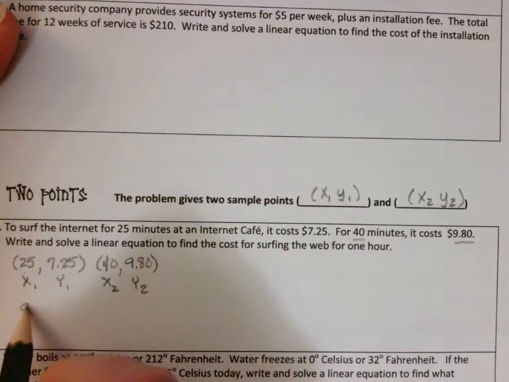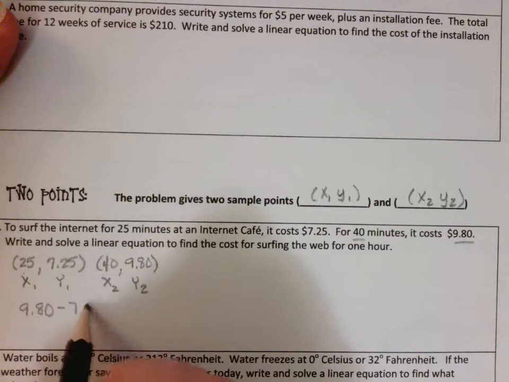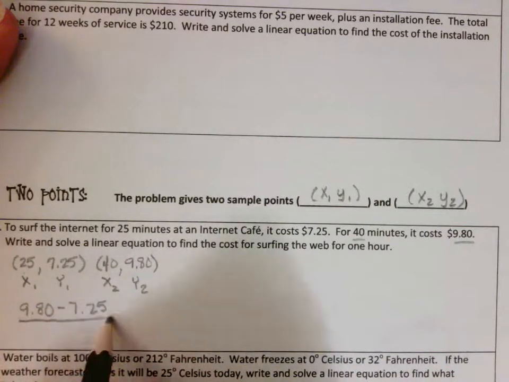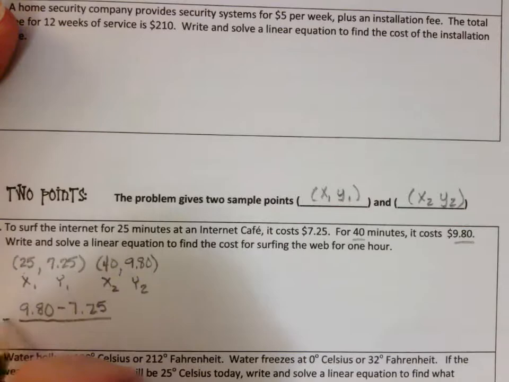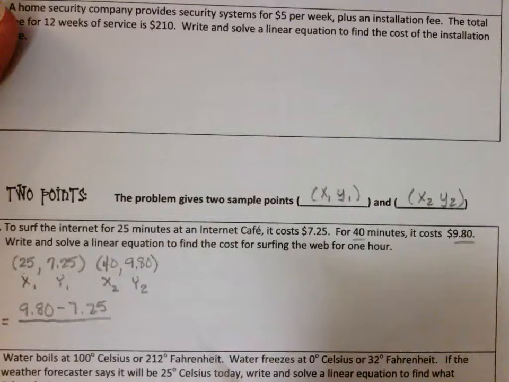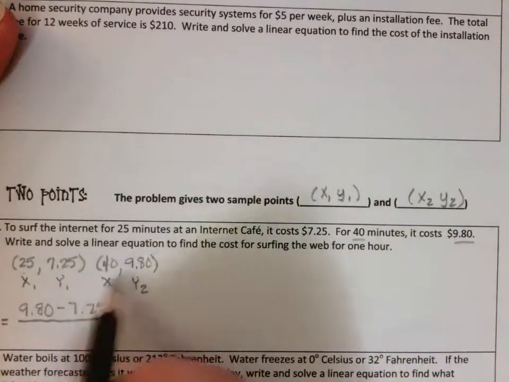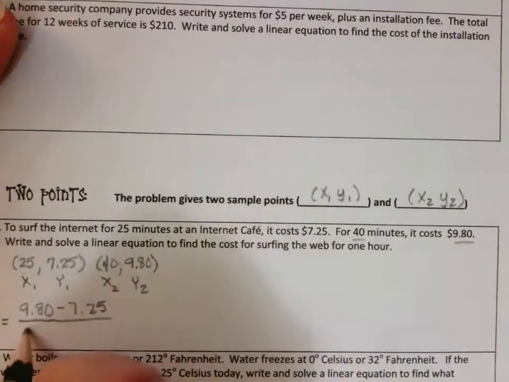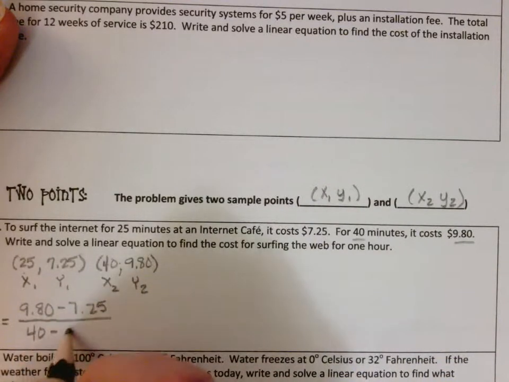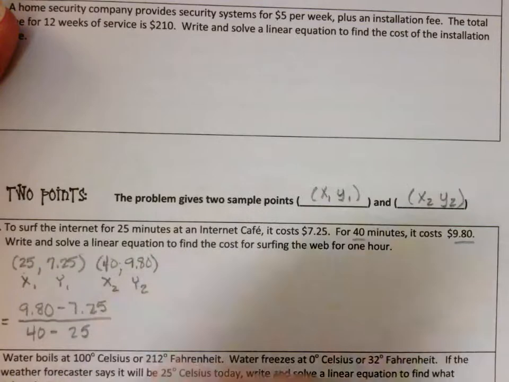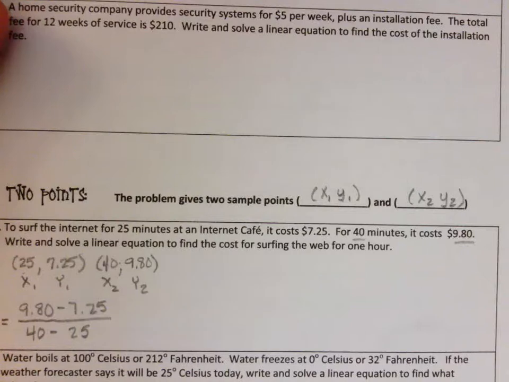And we have y2 minus y1. Hopefully I've said that so many times it's like in your brain. I have y2 minus y1 over x2 minus x1, and that is equal to my slope.